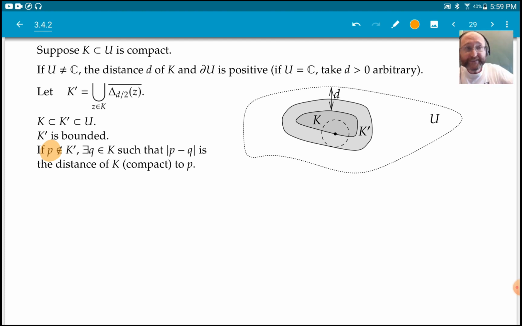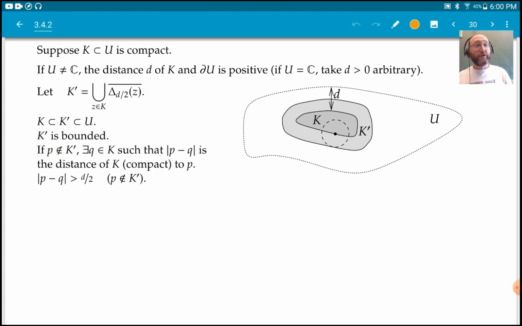So there exists some Q in K, in K, not K prime, such that the distance between P and Q is the distance between K and P. There's a point Q in K that is closest to P. That is because K is compact.